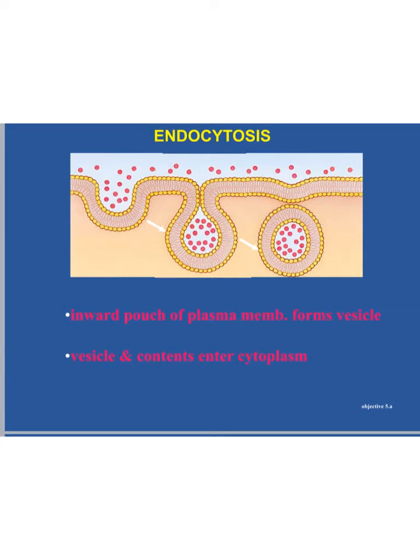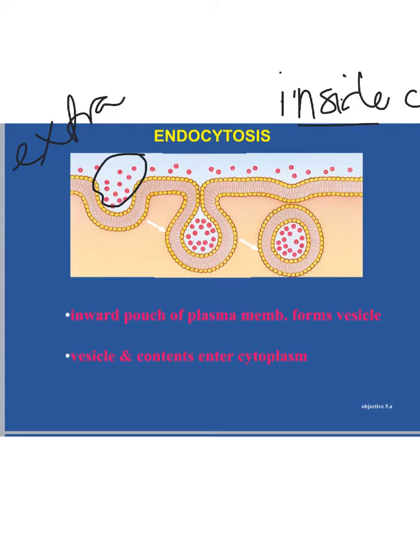All right, the two other examples of active transport are endocytosis and exocytosis. Endocytosis is when we are trying to move a large group of molecules inside the cell. If we're talking endocytosis, we are moving things inside. Here, this is extracellular out here, outside the cell, and this is inside down here in this beige area.